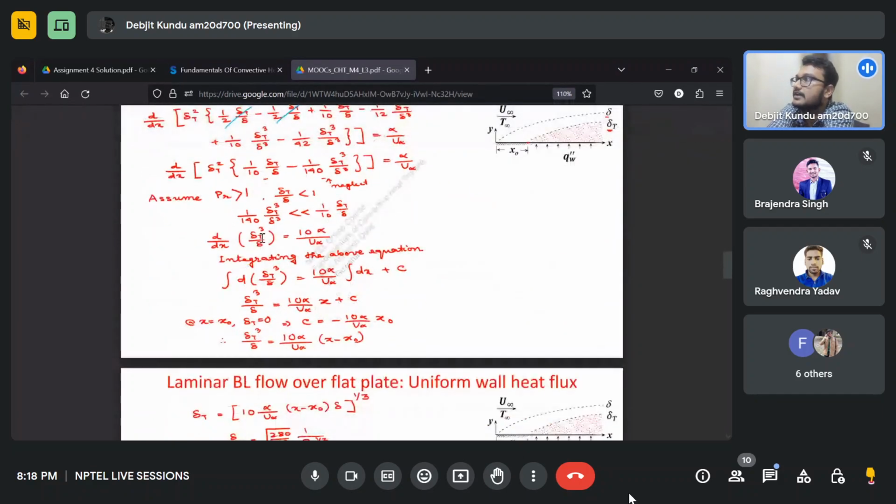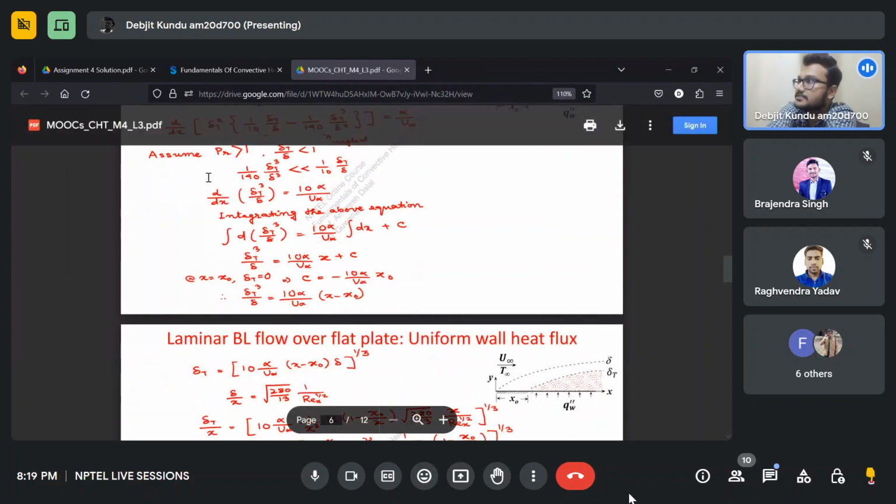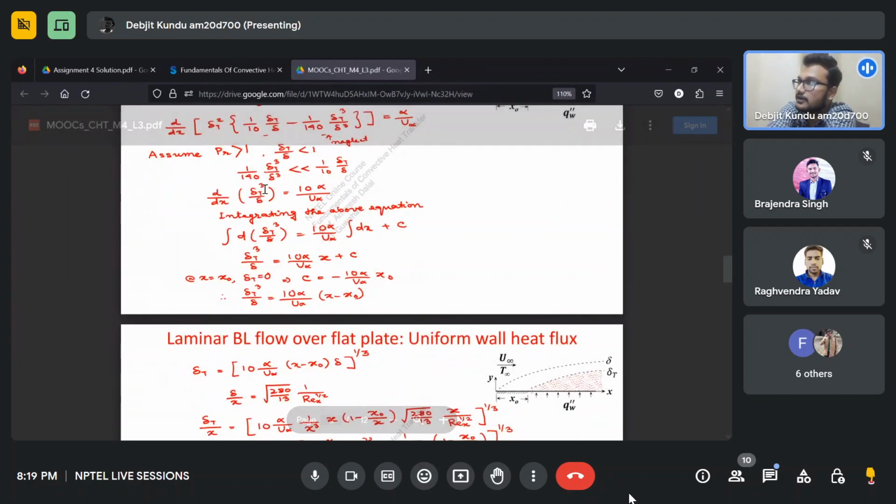where this thing is 1 over 140, and we will assume that Prandtl number is greater than 1. So the thermal boundary layer would be greater than delta, and this ∂/∂x of delta T by delta cubed would become equal to 10 into alpha over u infinity.